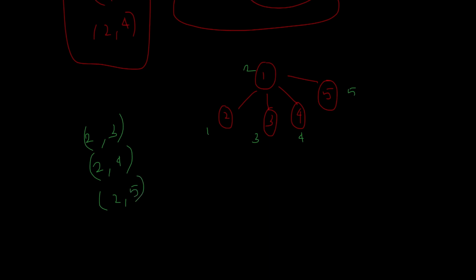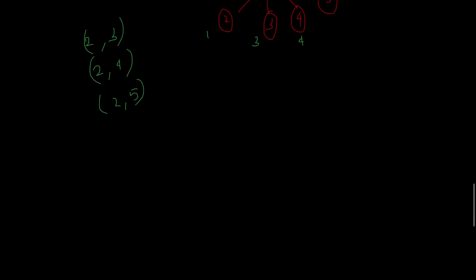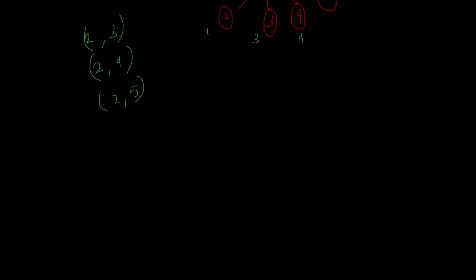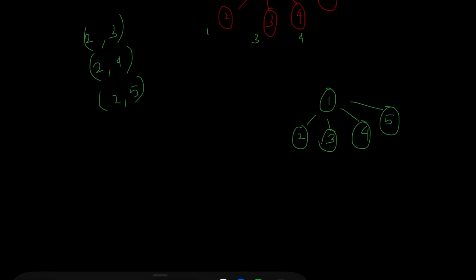That's it, right? We don't get any other pair. So three is the answer for this. But if I just change the permutation, let's first draw the tree again. One, two, three, four, and five. And if I just make the permutation like one, two, here now three, then four and five.